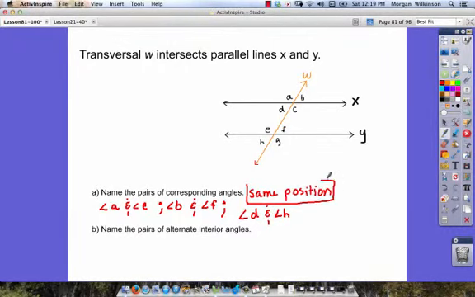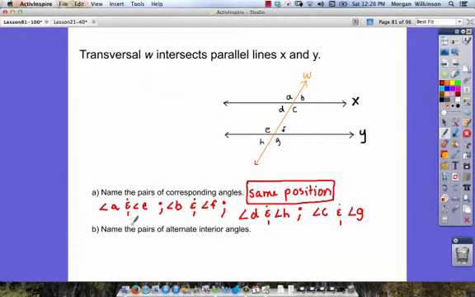And then finally, angle C and angle G, because they both point down and to the right. All right, we've answered our first question. That's all we need to do when we name corresponding angles: find which ones point in the same direction, or have the same position.